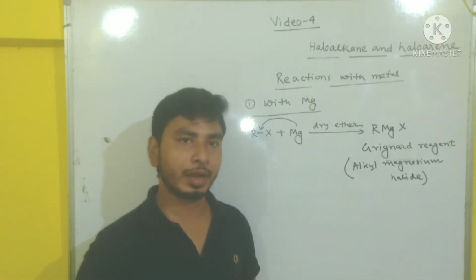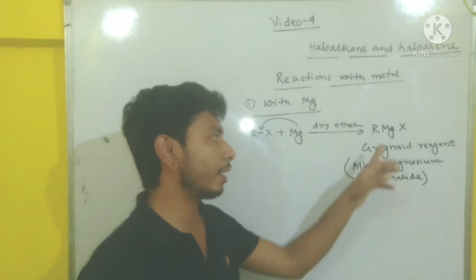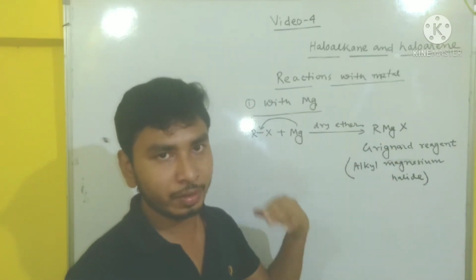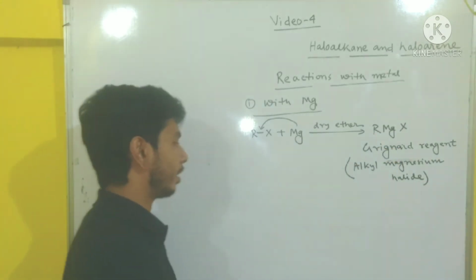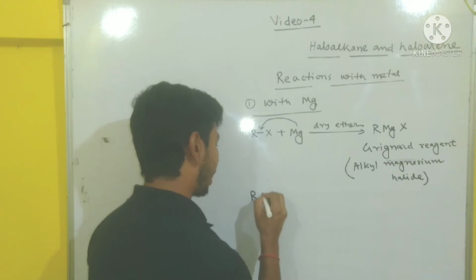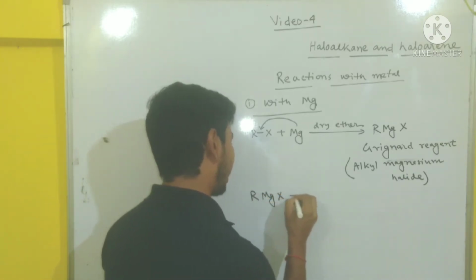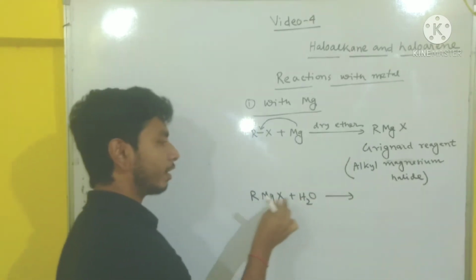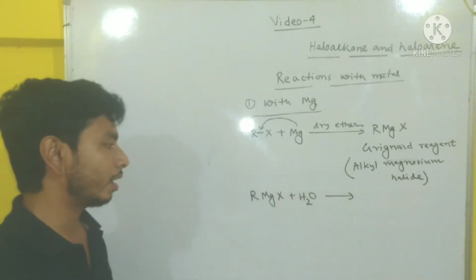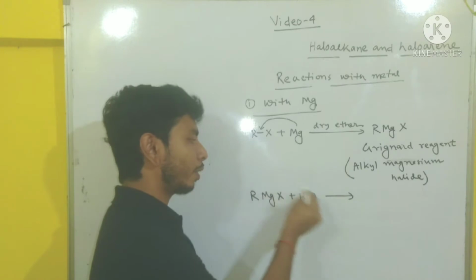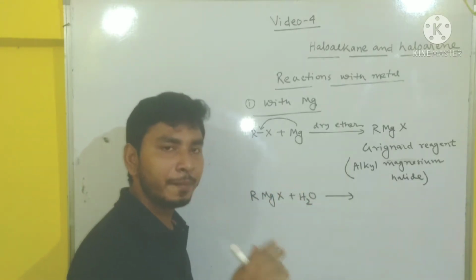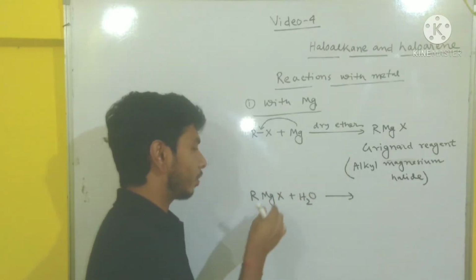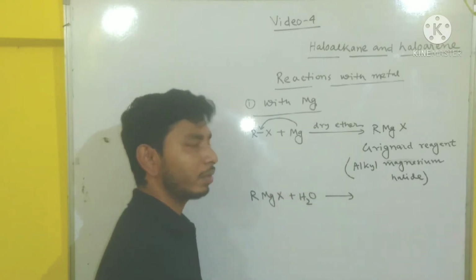If there is a trace amount of moisture, the Grignard reagent cannot be stored because it reacts with the moisture. So what happens? RMgX in presence of moisture. Sensitive means it reacts quickly. So Grignard reagent reacts quickly with moisture.